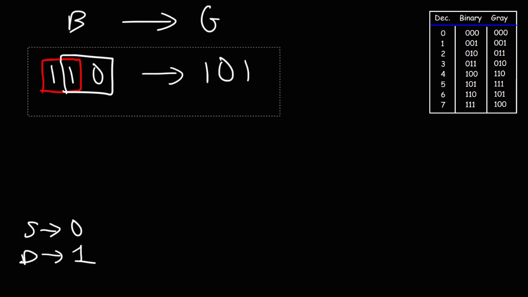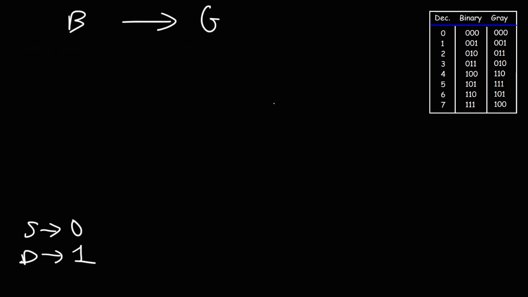Now let's try a harder example. Let's say we have the binary number 1, 0, 1, 0, 1, 1. Go ahead and convert that into gray code. So the MSB is going to be the same.